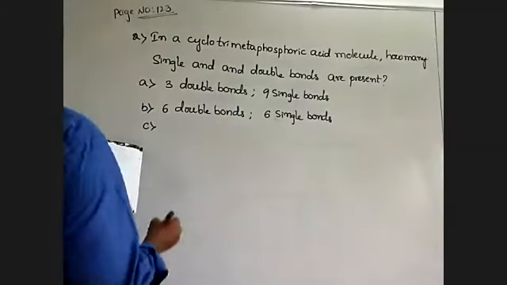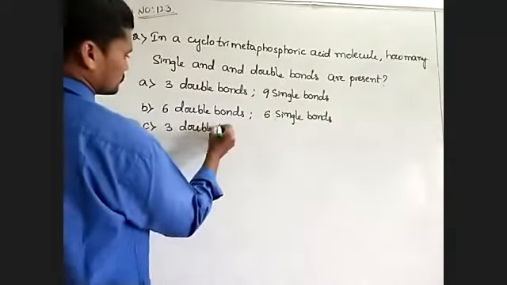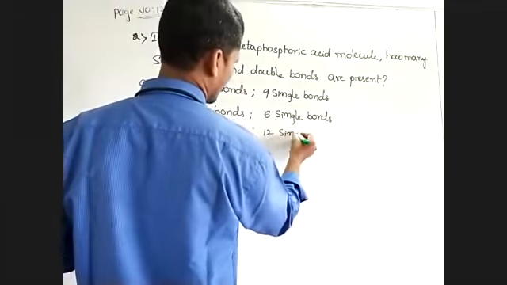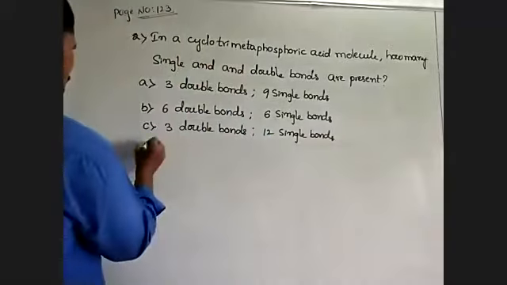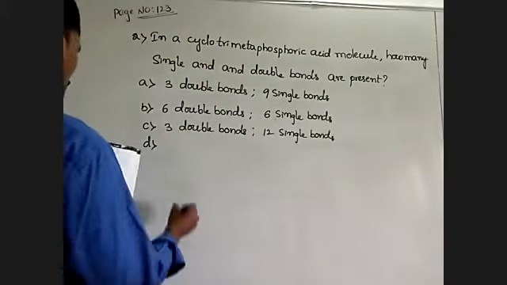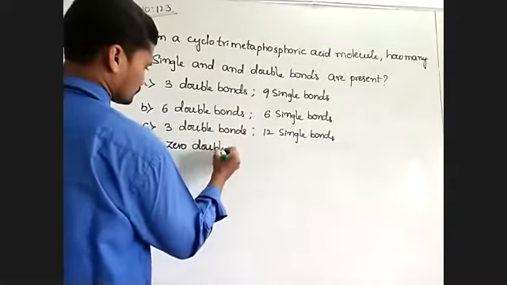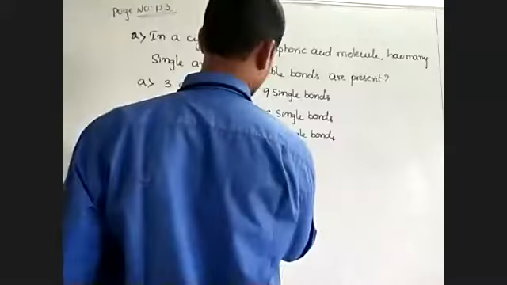Next, 3 double bonds, 12 single bonds. Zero double bonds, 12 single bonds.